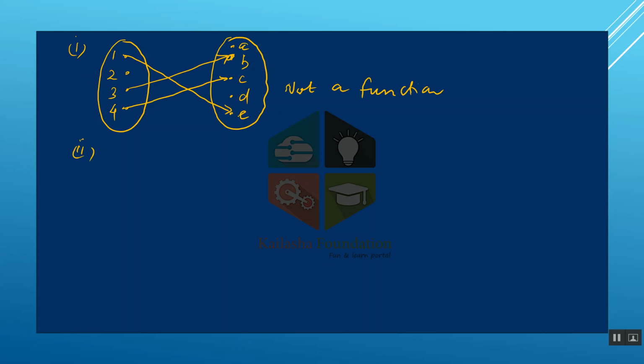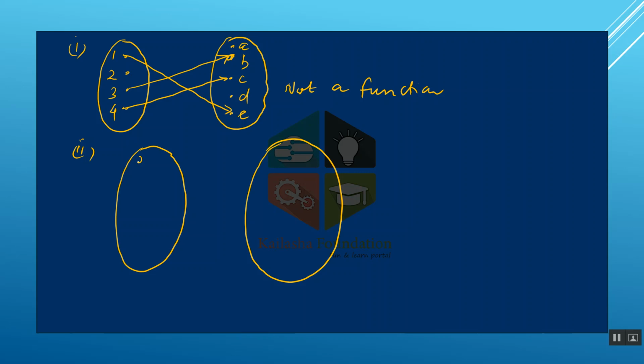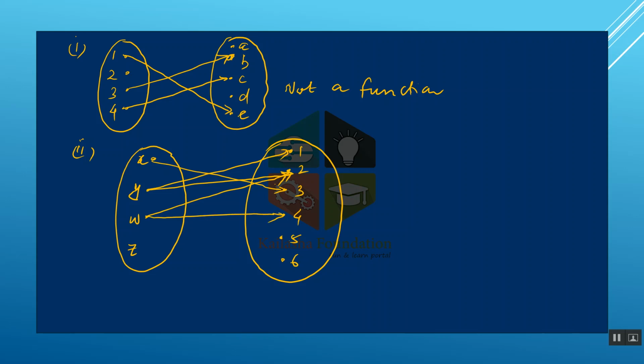Now, x, y, w, z and 1, 2, 3, 4, 5, 6. x to 3, y to 1, y to 2, then w to 2, w to 4, z to 6.